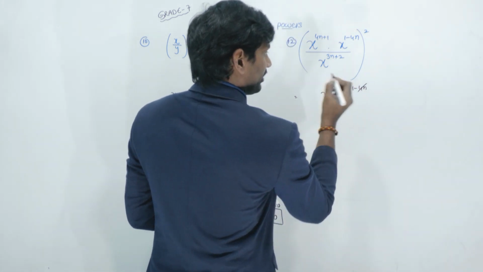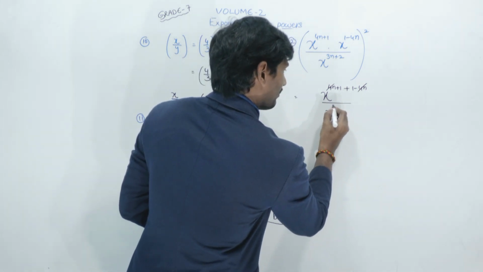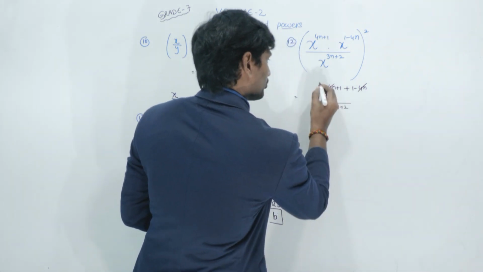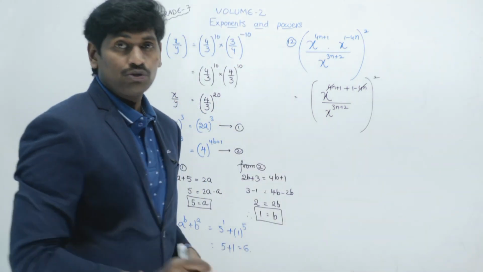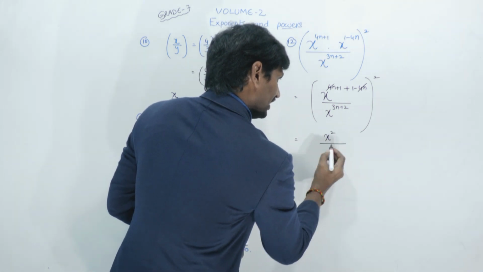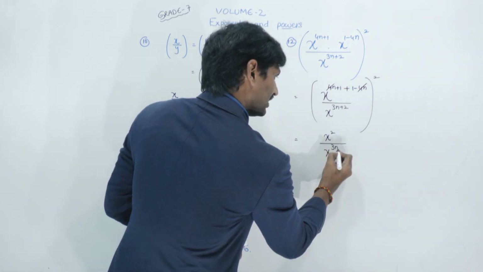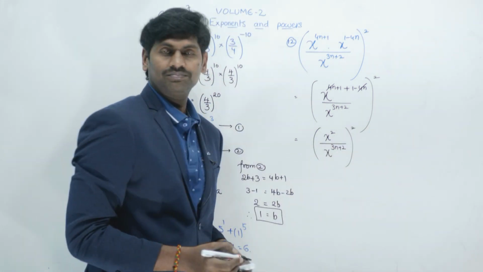So plus 4n minus 4n cancel. Divided by x power 3n plus 2 and whole to the power of 2. And observe the numerator: 1 plus 1 is 2. So it will be x square divided by x power 3n plus 2 whole square.